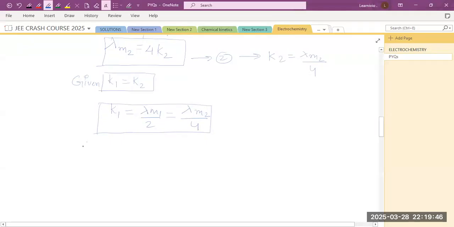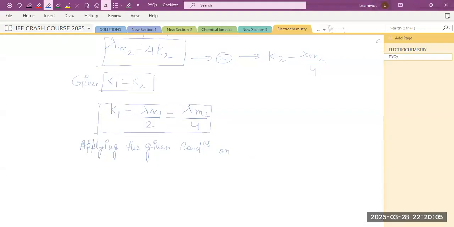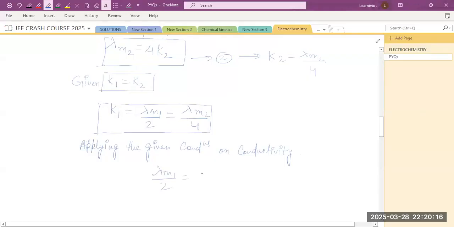Now applying the given condition on the conductivity, you will get this relationship: lambda M1 upon 2 equals lambda M2 upon 4.